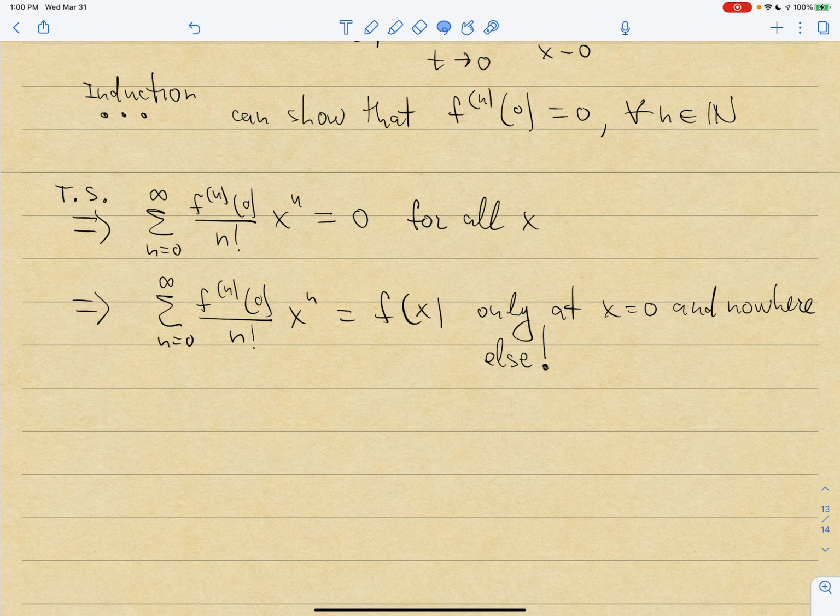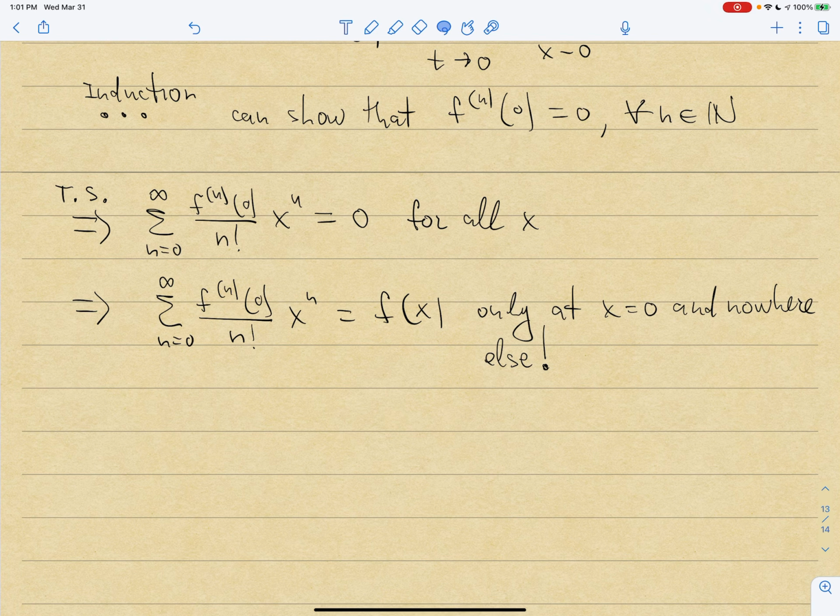And so that means that the information about this function at 0, all derivatives of this function at 0, do not really carry in themselves any information about what the function f of x is doing nearby, right? Because if the function is equal to the sum of its Taylor series, then clearly the Taylor series only depends on the function and its derivatives at x equal to 0, because coefficients are defined as values of the derivatives at 0.